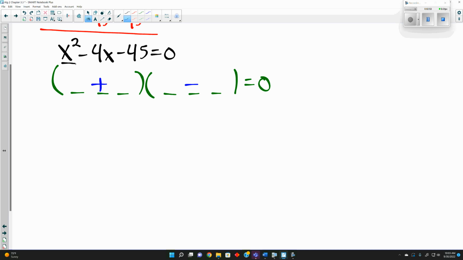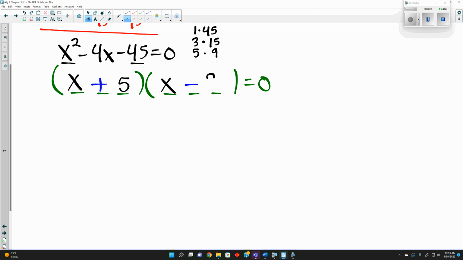Now we need to find the factors of the first and third term. Well, the factors of x squared are x and x. The factors of 45 are 1 and 45, 3 and 15. 4 doesn't work, but 5 and 9. 5 and 9, which would be positive?